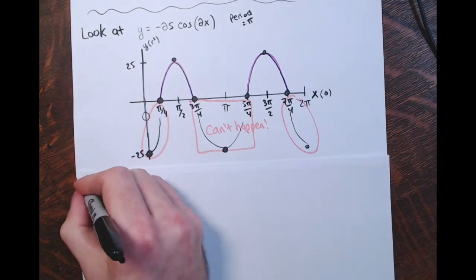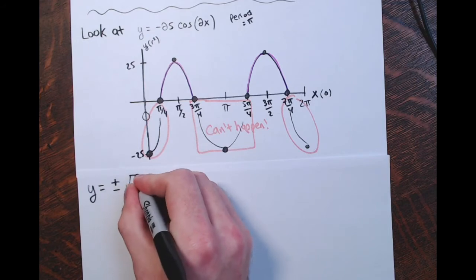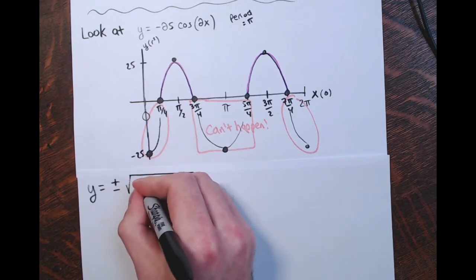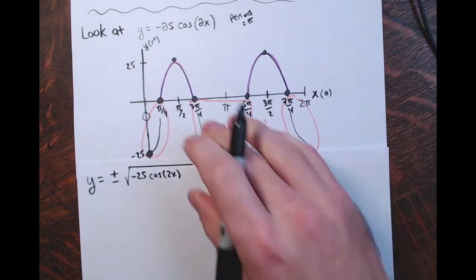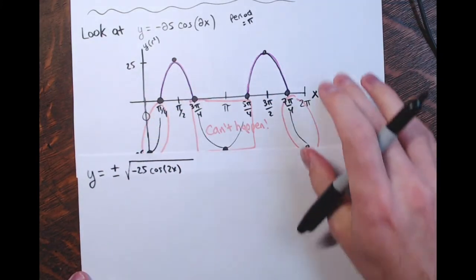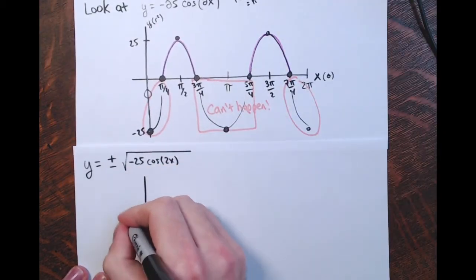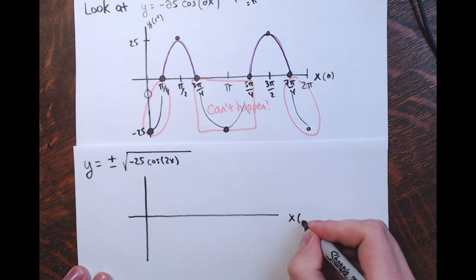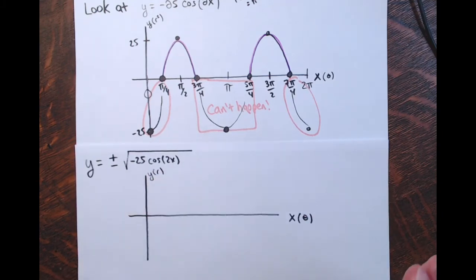So now let's look at the graph of y equals plus or minus the square root of -25 times the cosine of 2x. All right, so again, now this plus or minus, so there's going to be like a top half and a bottom half to this. All I'm doing is, again, x represents theta, and now y represents r. Now y represents r instead of r squared, because I did the square root.